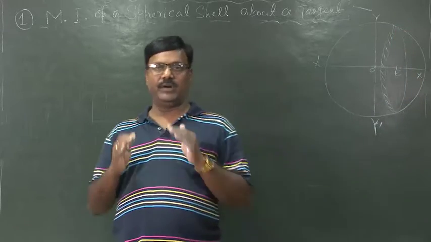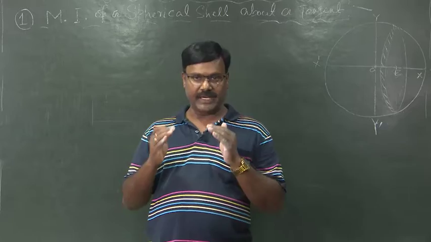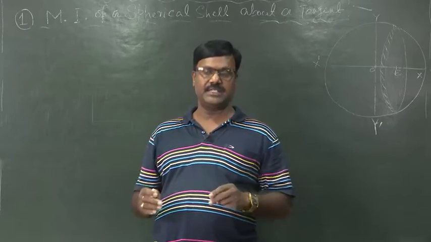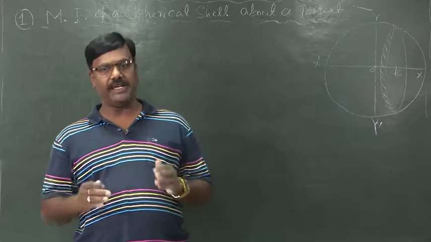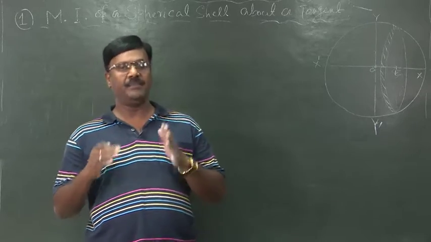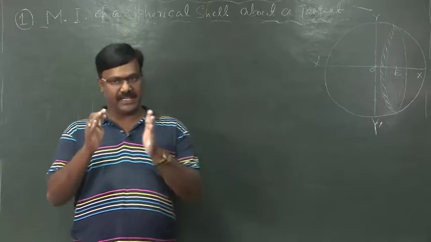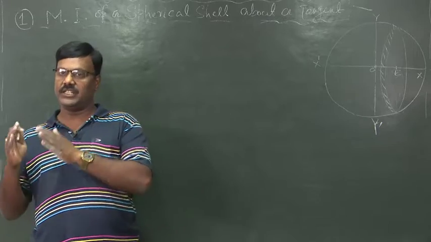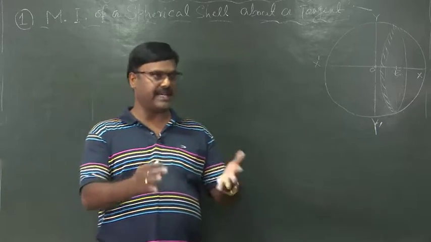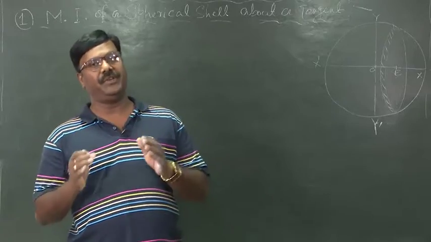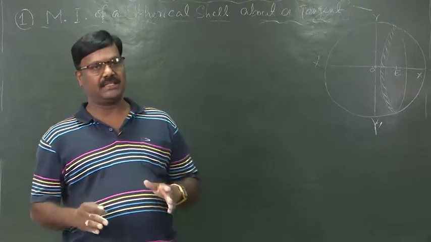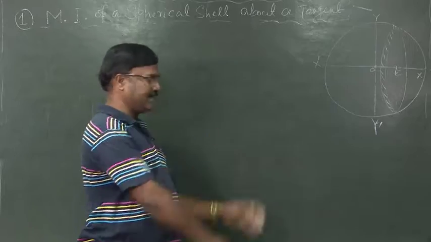Here our topic is to calculate the moment of inertia of spherical bodies, for which we have to find out the moment of inertia of a spherical shell and a solid sphere about different axes, and already we have calculated the moment of inertia of a spherical shell about two different axes.